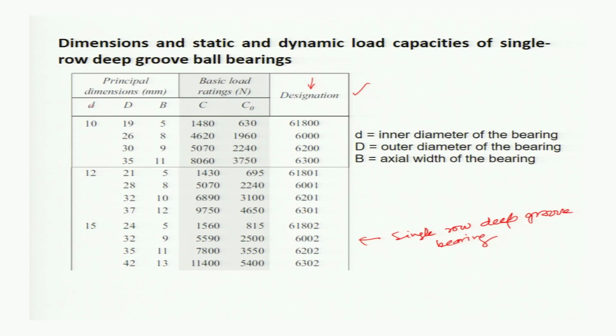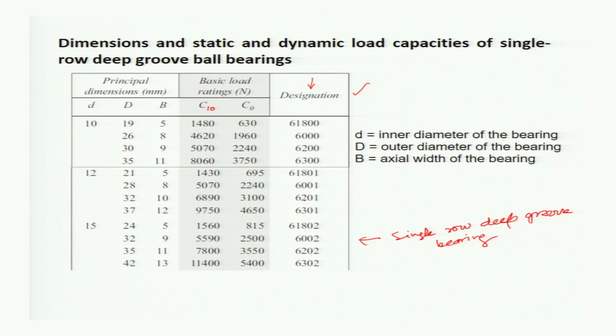and the principal dimensions, the inner diameter of the bearing, outer diameter of the bearing, and the axial width of the bearing are given, and also the dynamic load capacity C10 and the static load capacity C0 of a particular bearing are given.